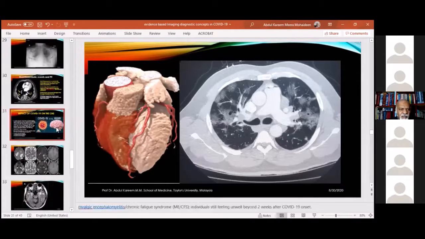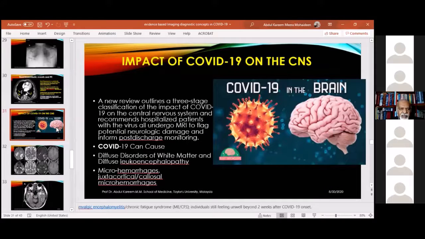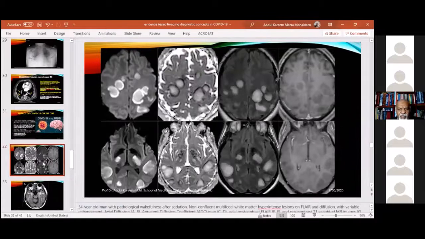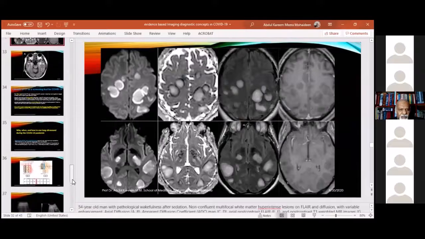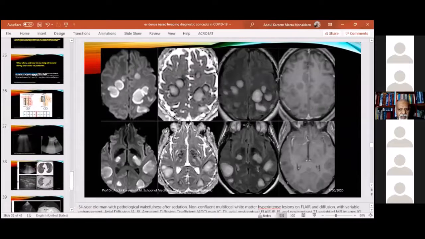And also it may involve the brain vessels, and it may also cause infarction to the brain. And you can see multiple lesions which are enhanced after the contrast. The peripheral ring-like enhancement in the existing lesion is an obvious finding in the brain.